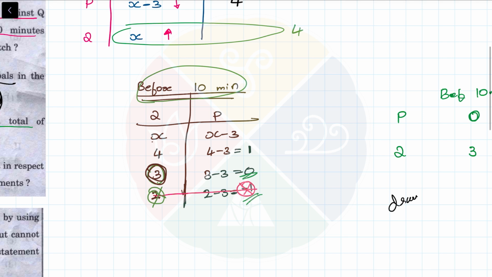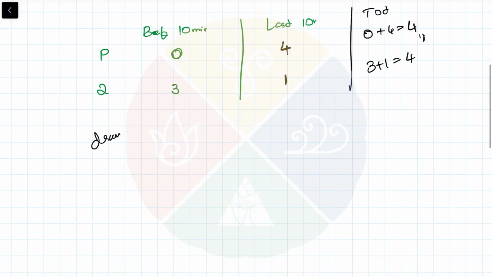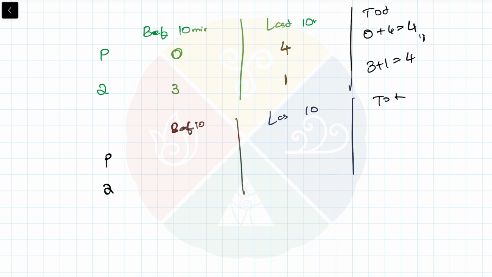Now let's consider this case. That means Q is scoring 4 goals before and P scoring 1 goal. If that is the scenario, again P, Q, before 10 minutes, last 10 minutes, total. Q scored 4 goals before the last 10 minutes.